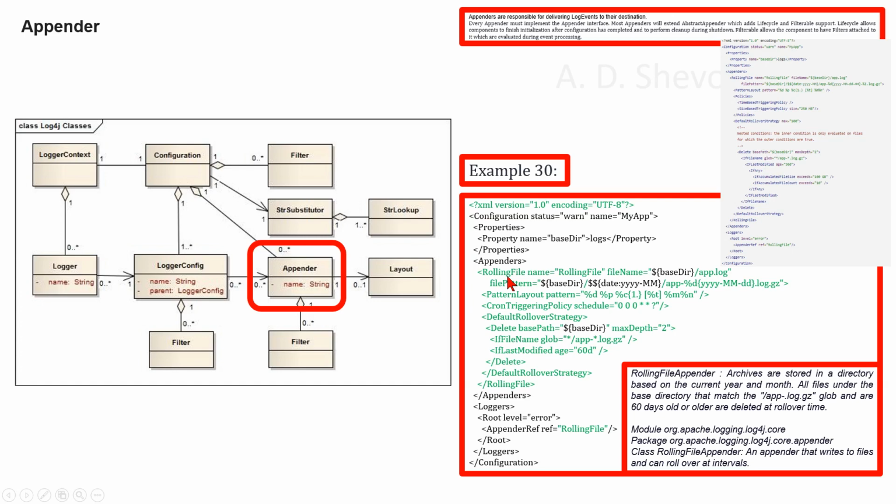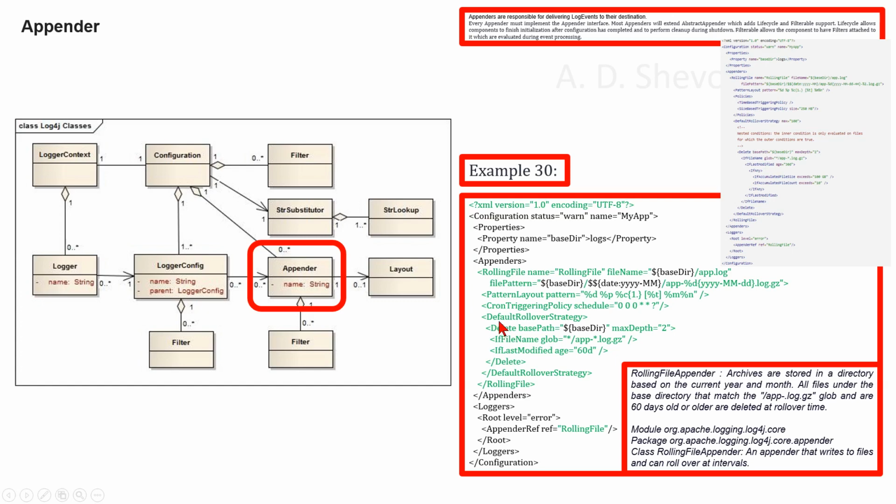Since log4j 2.5, a custom delete action can be configured in the rollover strategy to run at rollover. Since 2.8, if no file name is configured, then the direct write rollover strategy will be used instead of the default rollover strategy.